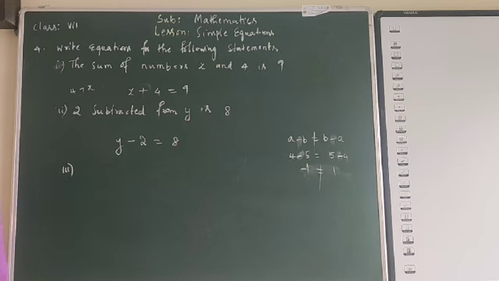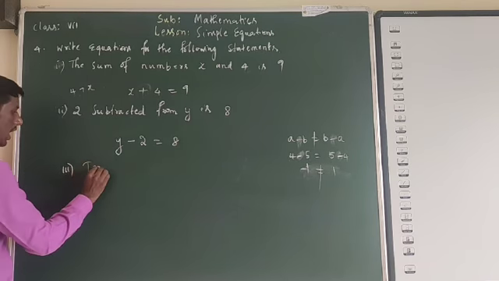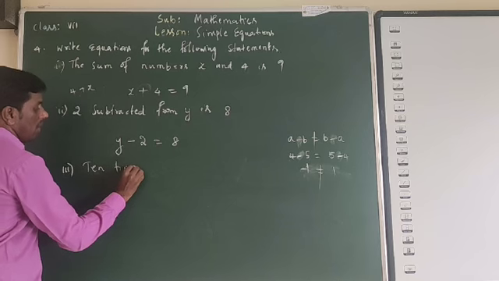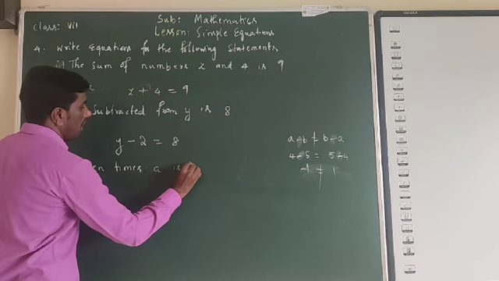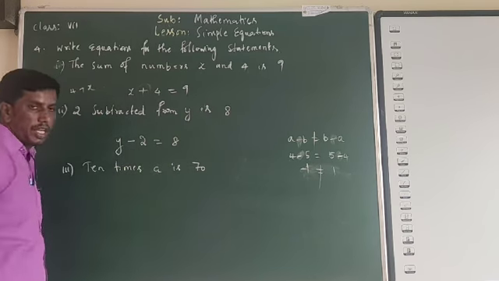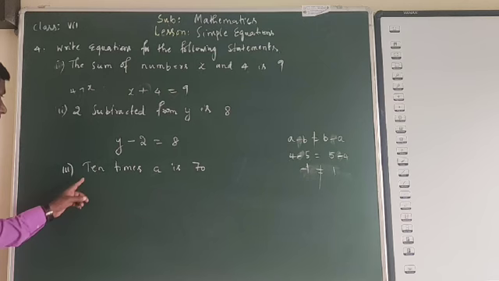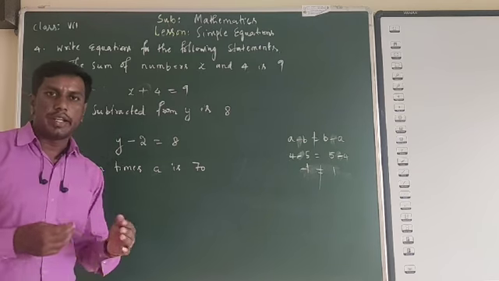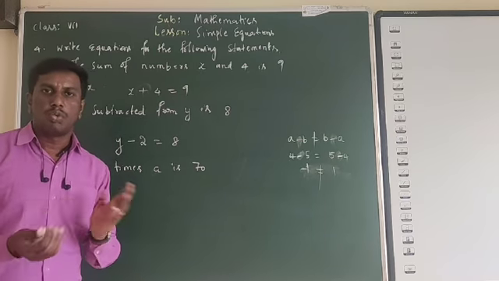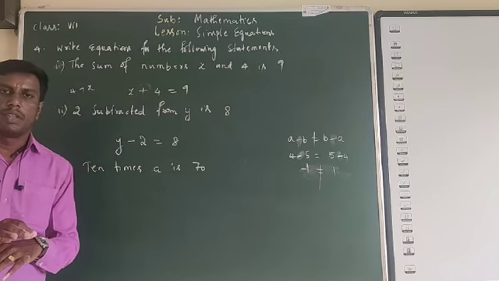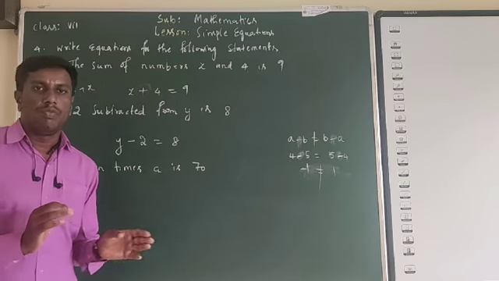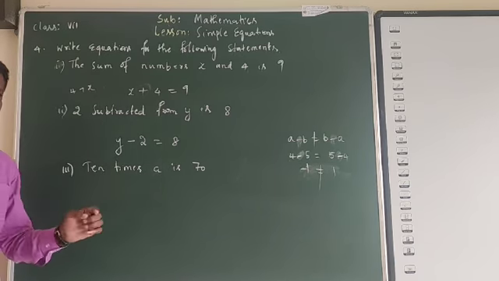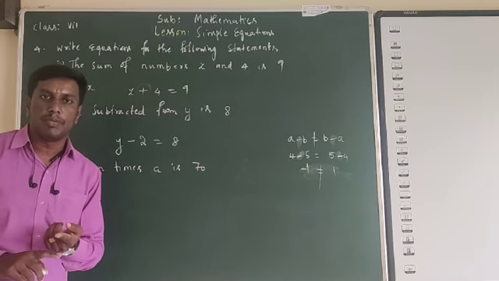Okay. The third question is 10 times a is 70. 10 times, 2 times, twice, thrice, fourth time: when you say it like this, you should multiply with that number.